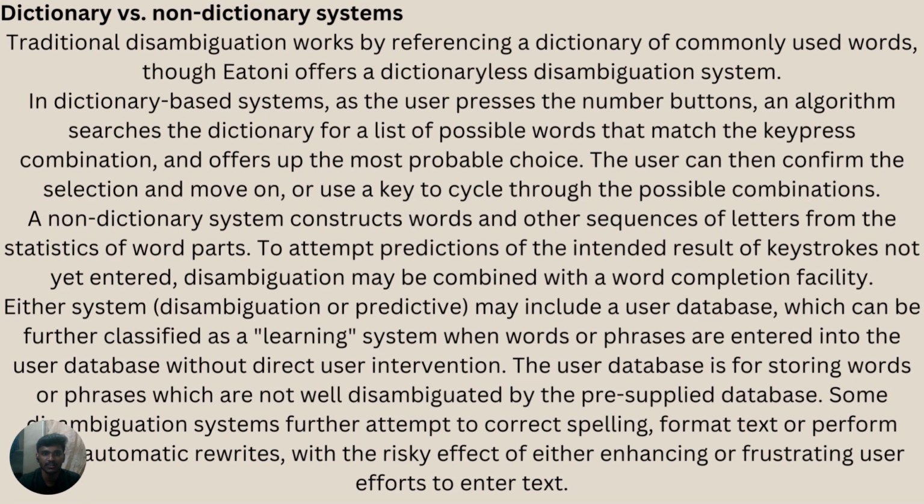When words or phrases are entered into the user database without direct user intervention, the user database is for storing words or phrases which are not well disambiguated by the pre-supplied database. Some disambiguation systems further attempt to correct spelling, format text, or perform other automatic rewrites, with the risky effect of either enhancing or frustrating the user's efforts to enter text.